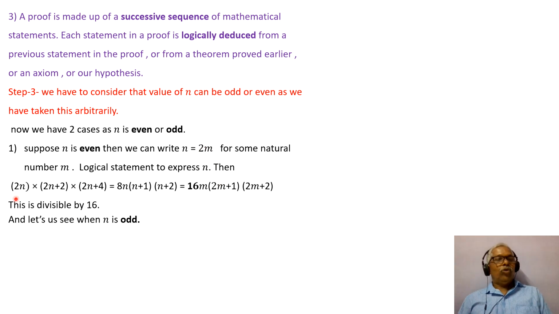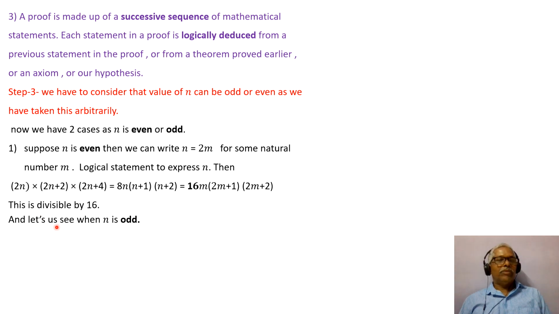Then 2n into 2n plus 2 into 2n plus 4, from the previous slide, is equal to 8n into n plus 1 into n plus 2. We are replacing n by 2m, so it will be 16m into 2m plus 1 into 2m plus 2. So this is divisible by 16.